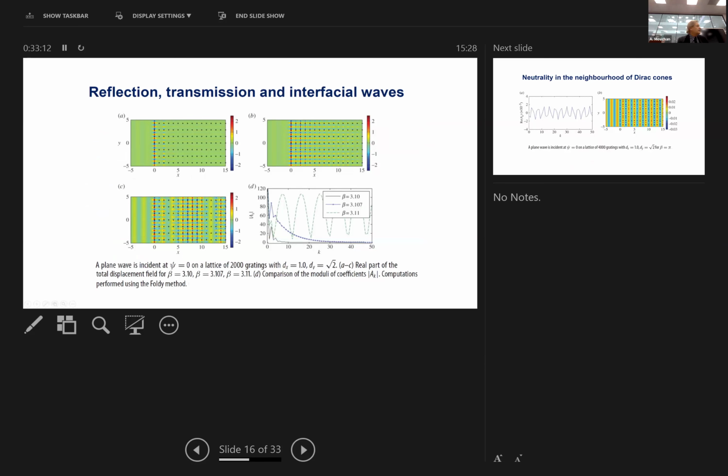So in this particular case, this is my wave, and it propagates. Sorry, not that one. That one. As you can see, reflection is pretty small, and it propagates pretty much unperturbed.